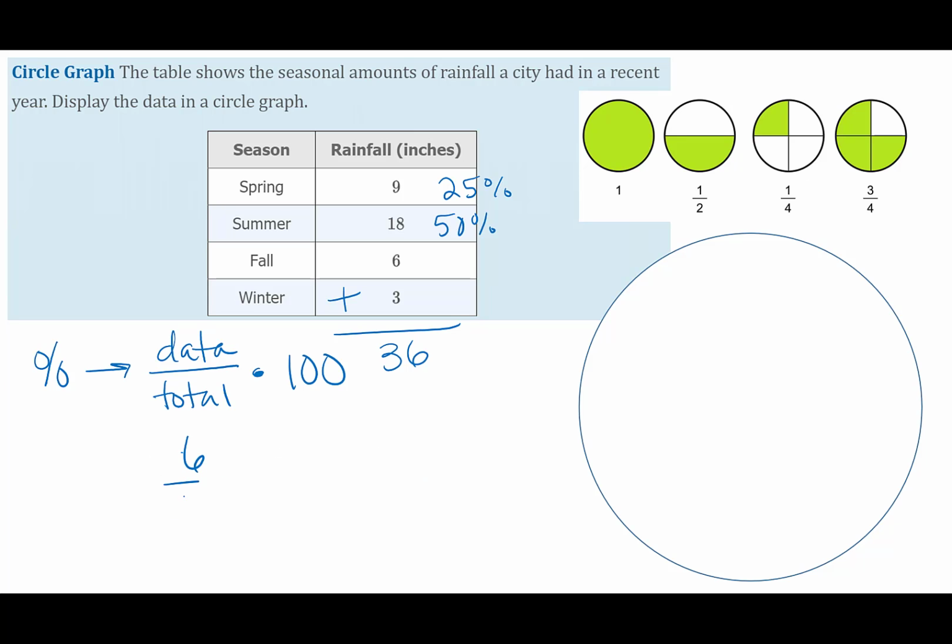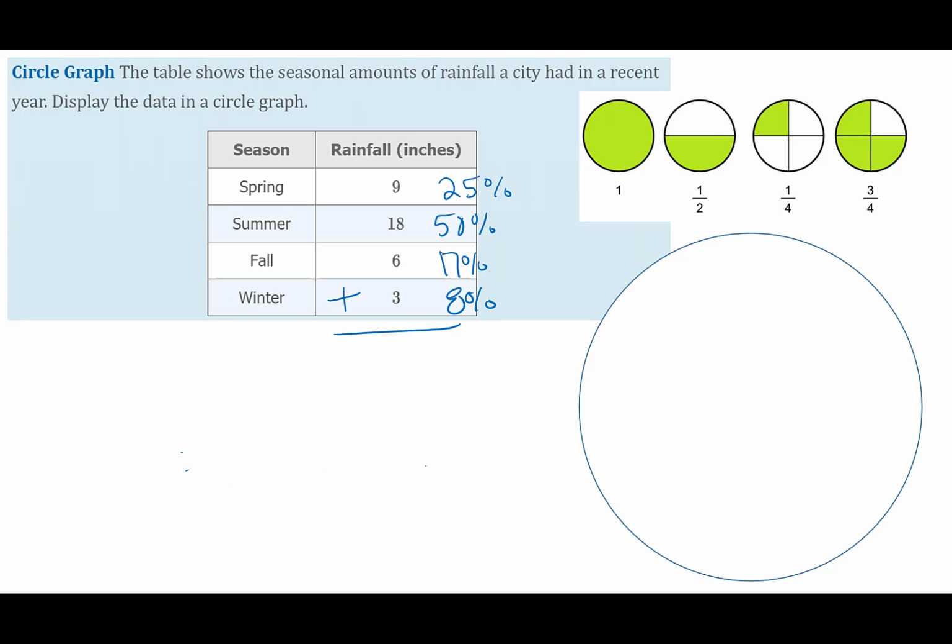For fall, it is 6 over 36, multiply that by 100, and it's a repeating decimal. And so let's go ahead and round it to the nearest whole number, which is 17%. And winter is 3 over 36 times 100, which is also a repeating decimal. So let's round that to 8.